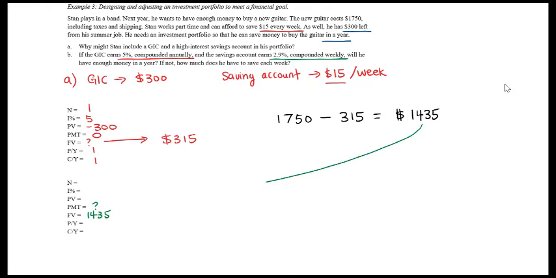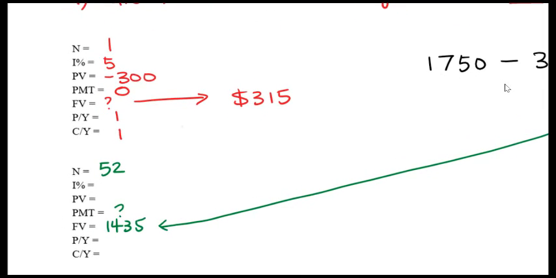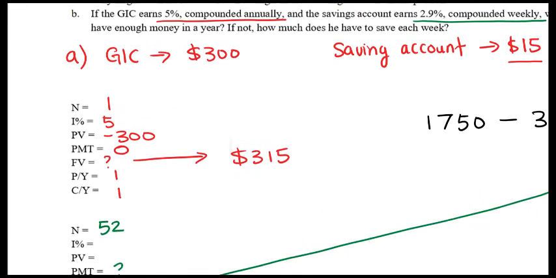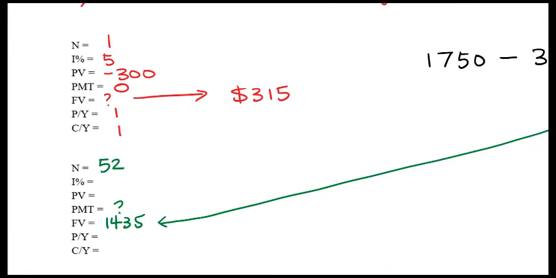Number of periods is weekly, so it will be 52 for a year. And the interest rate was 2.9. Present value is going to be 0, and it is weekly, so it will be 52 and 52 for both.